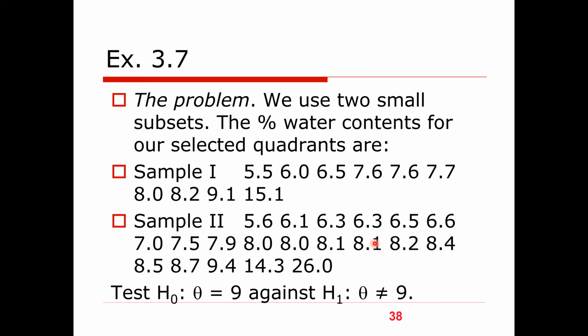We have samples of our selected quadrants, sample 1 and sample 2, and we want to test if theta, the median, equals 9 versus theta doesn't equal 9. So this is two-sided.